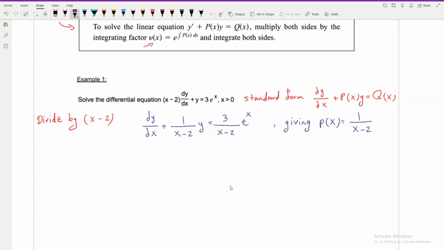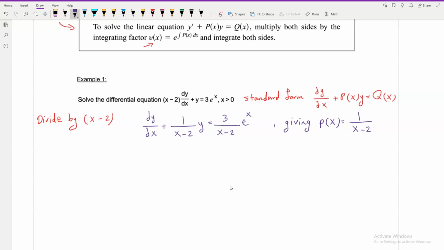To solve the linear equation dy over dx plus p of x times y equal to q of x, we have to multiply both sides of the equation by the integrating factor e power integral p of x dx, and then integrate both sides of the equation. First we should have what is given in standard form. So we have to divide by x minus 2.